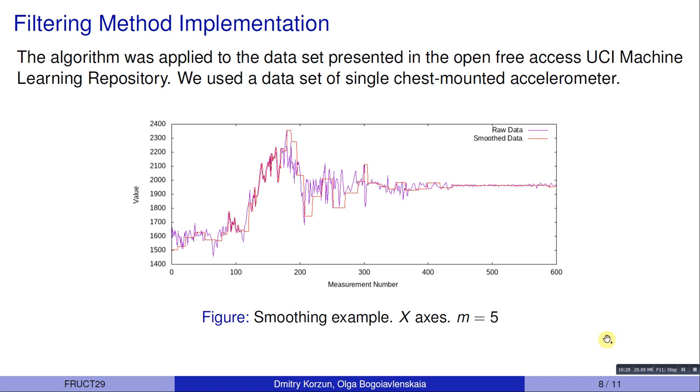So the person who bears this accelerometer performs different kinds of activities like sitting at a desk with a computer, standing up, walking and talking, climbing stairs, etc.